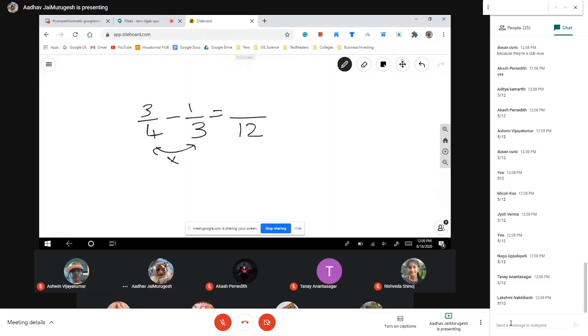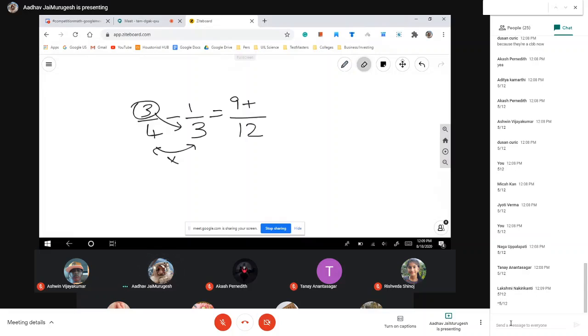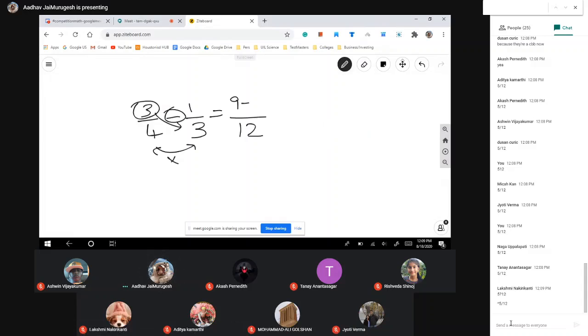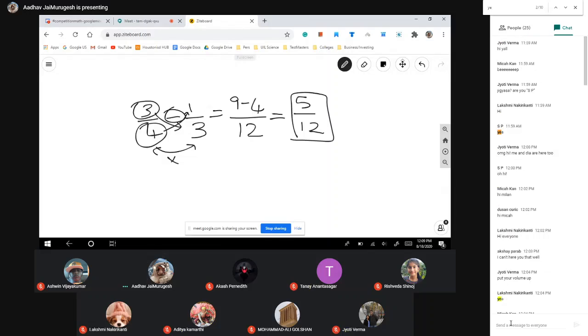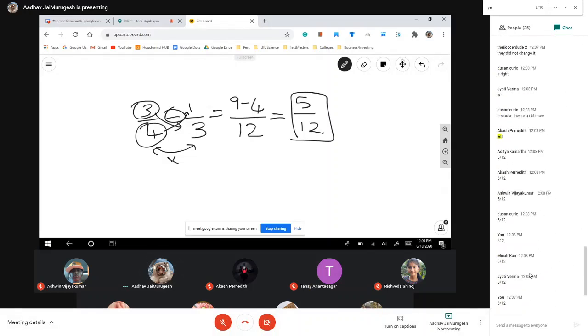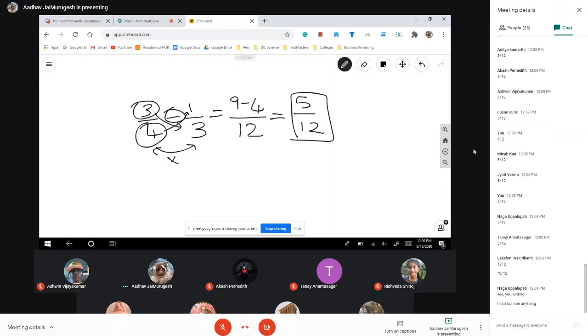For the numerator, we take this number and multiply it by the other denominator, which gives 9, minus, because we have a minus sign here, then we multiply the other pair, which gives 4. That gives an answer of 5 over 12. So that's our answer to 3 over 4 minus 1 over 3.